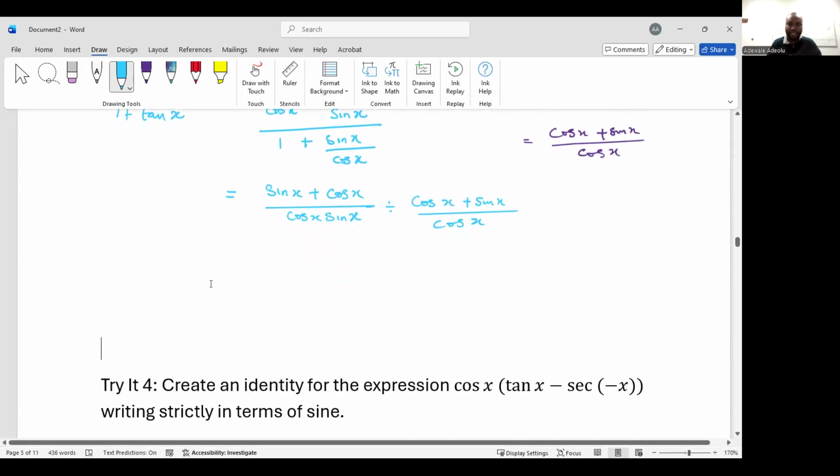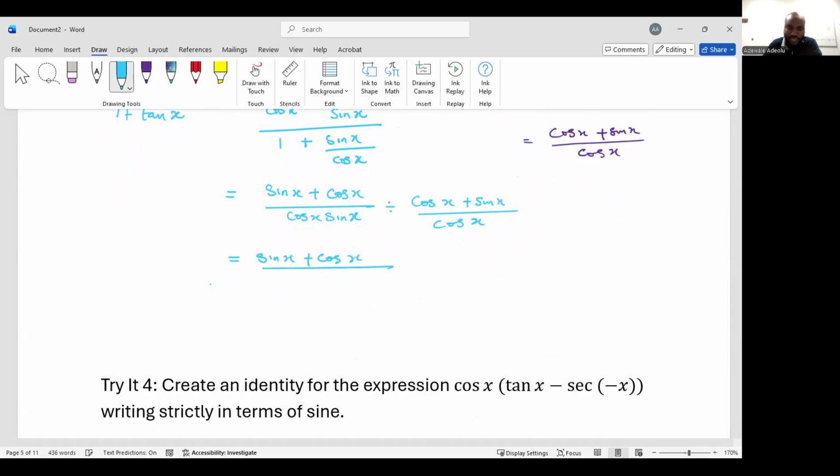Next, I can say this is equal to sine of x plus cosine of x divided by cosine of x, sine of x, times cosine of x divided by cosine of x plus sine of x. Now let's see if we can deal with some things. Look at this guy.